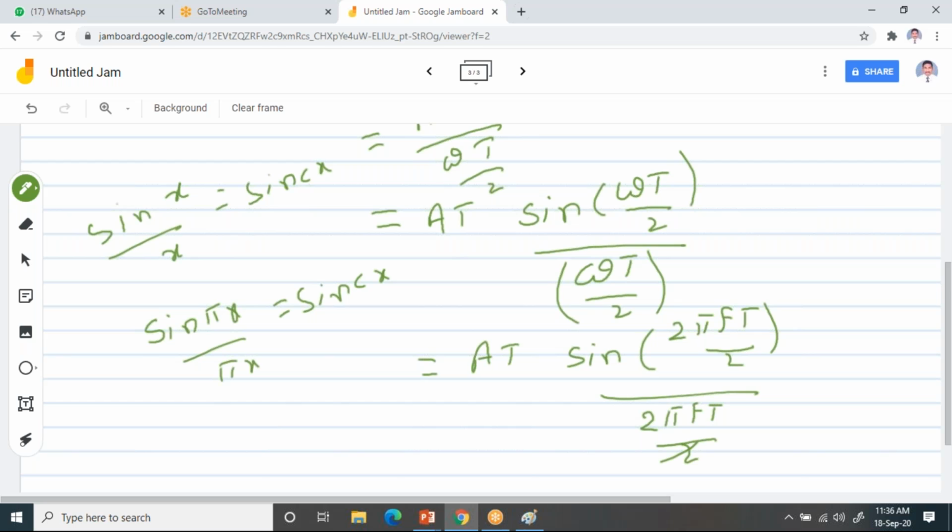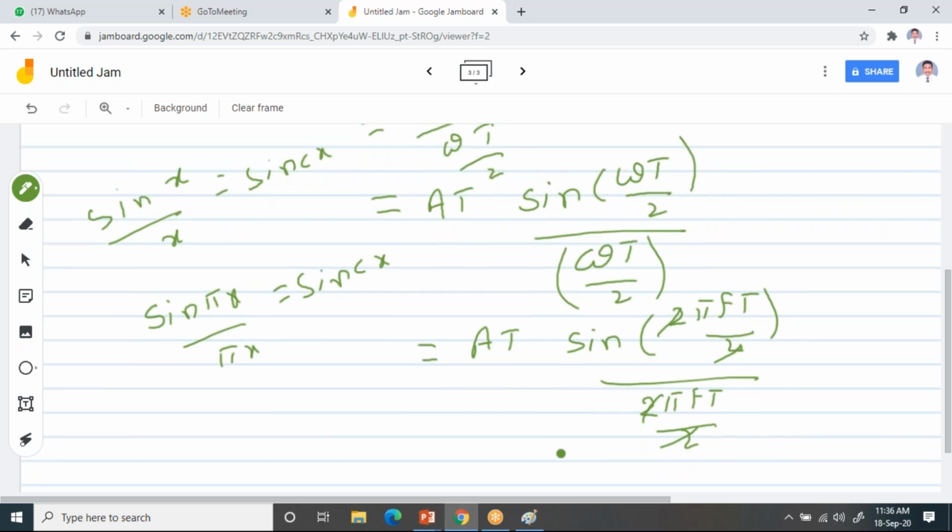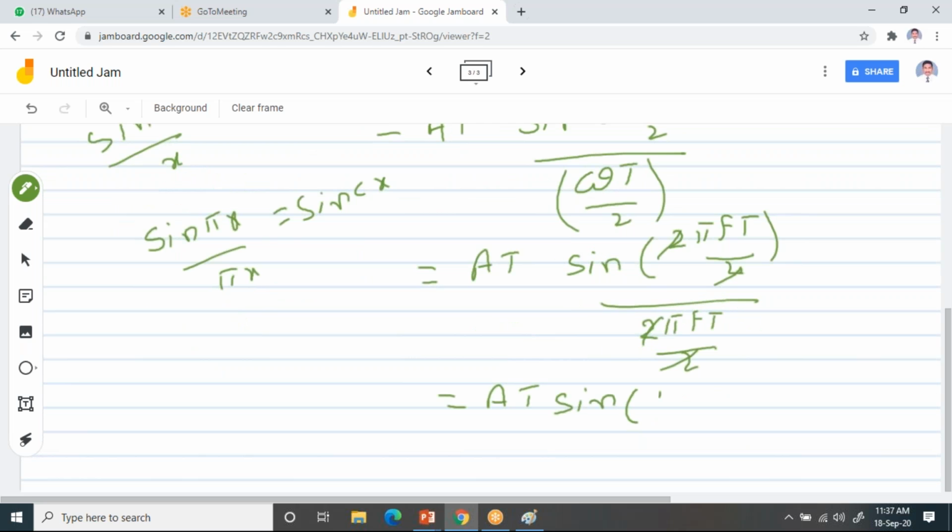Now this 2 gets cancelled. Here also 2 gets cancelled. Then the equation now becomes at sine pi f t by pi f t. Now it looks like sine pi x by pi x, which you can call as sinc x.